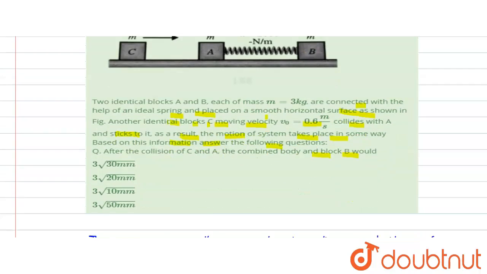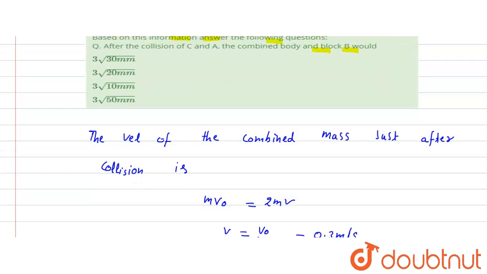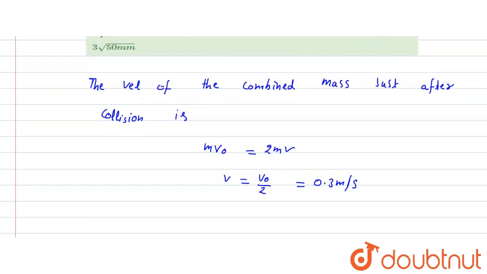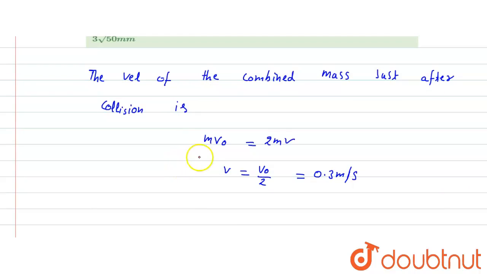So here we can write T is equal to 2 pi root of 2m by 3k, which is equal to pi by 5 under root 10 seconds.